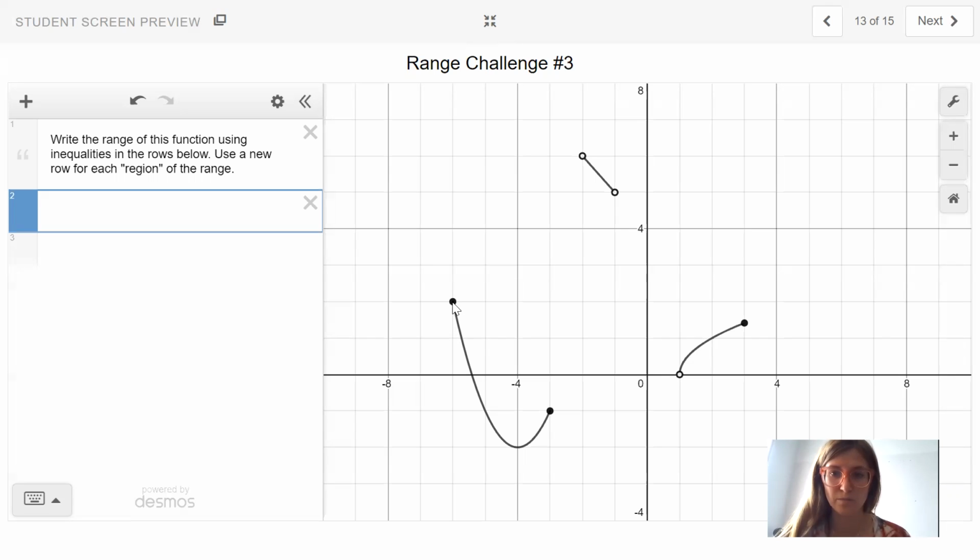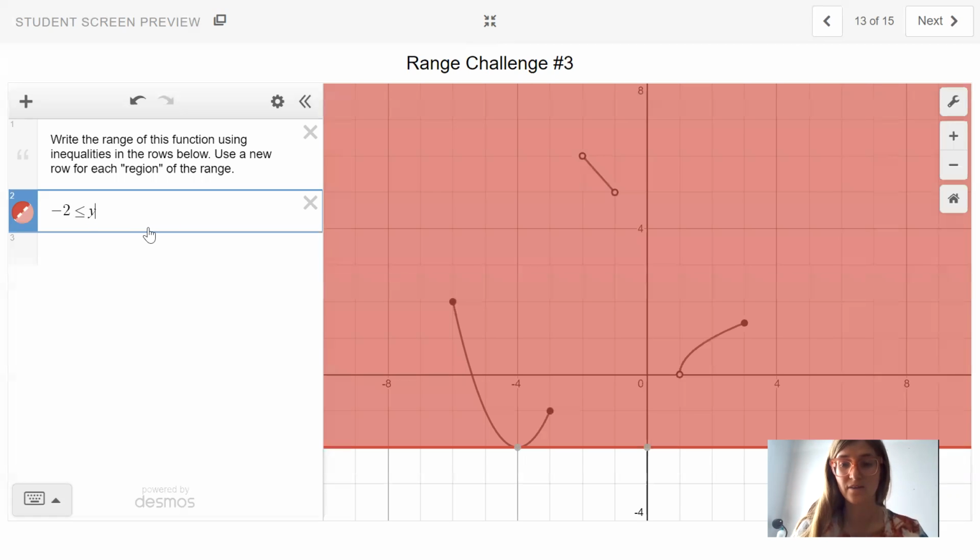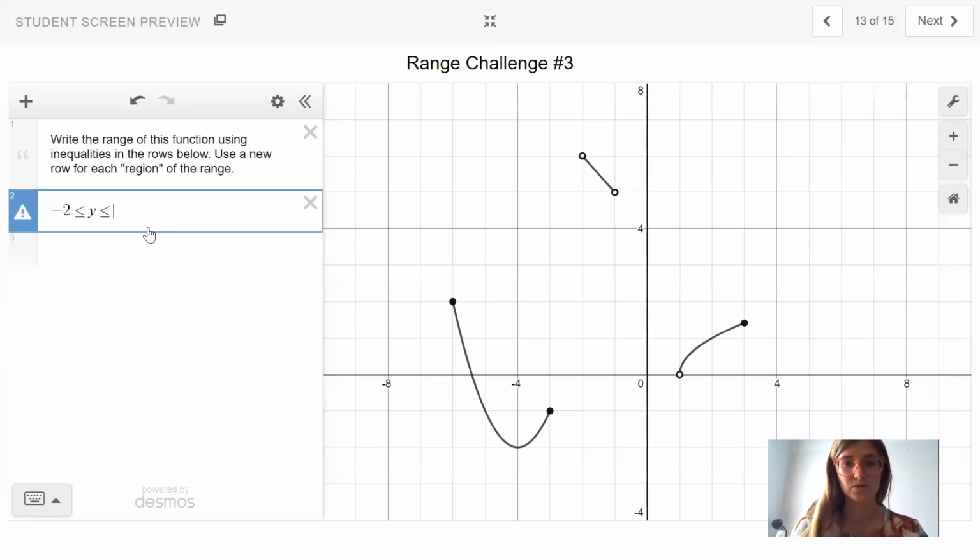So this goes from 2 all the way down to negative 2, and I'm going to include both the 2 and the negative 2. So I get negative 2 less than or equal to y, and that's less than or equal to 2.